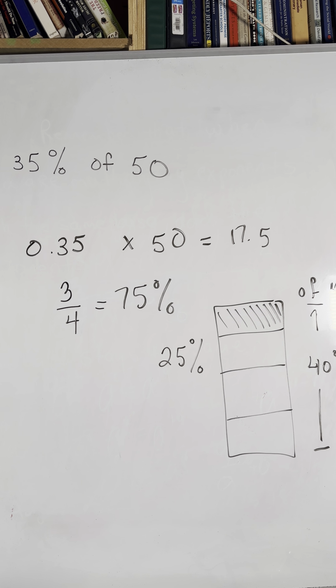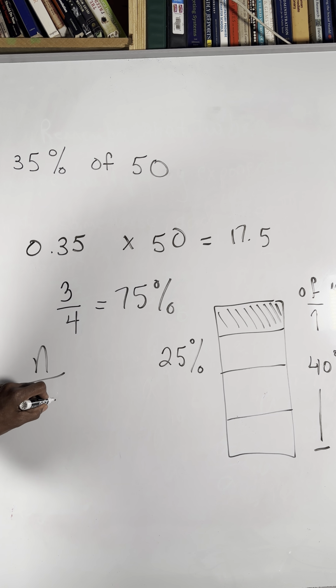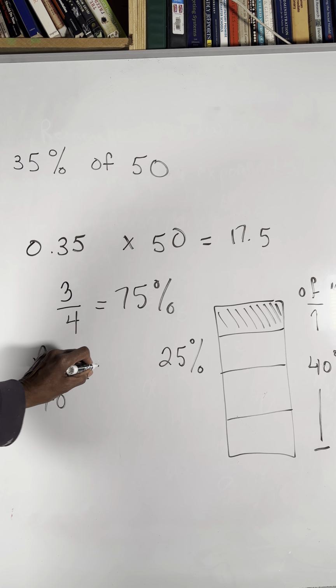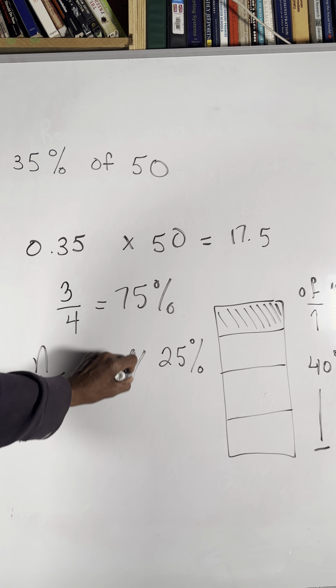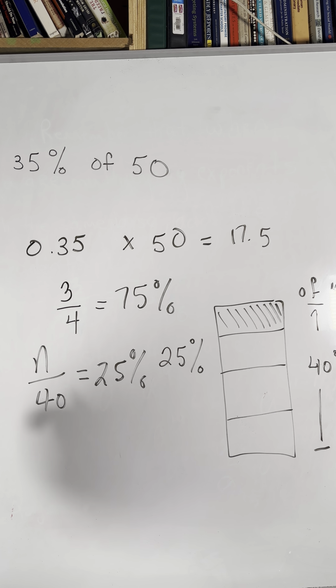So this is the basic equation that we're looking at. n over 40 equals 25%, right? So now in the equation, what happens? We have to get n by itself. So how do we get n by itself? Well, you always do the opposite of the indicated operation.